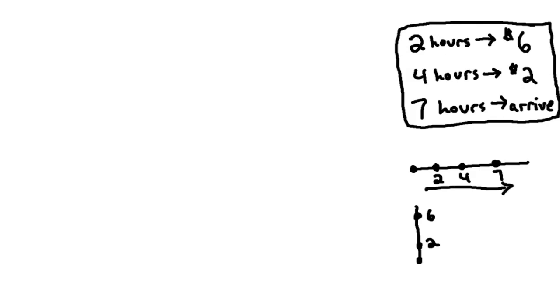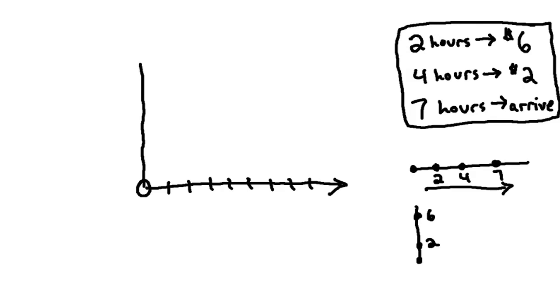So what we're going to do is we're going to make a timeline again. So we're going to put 0 down here and put our line. And 1, 2, 3, 4, 5, 6, 7, 8. And then we're going to use the same 0 as our point, our 0 point, and we're going to draw our amount line up like this.